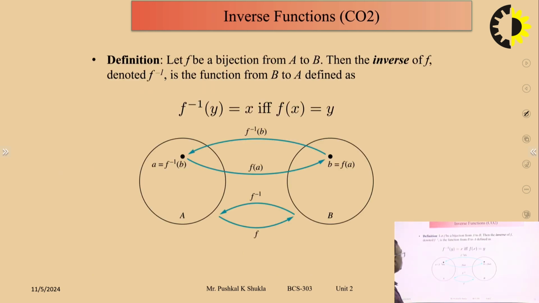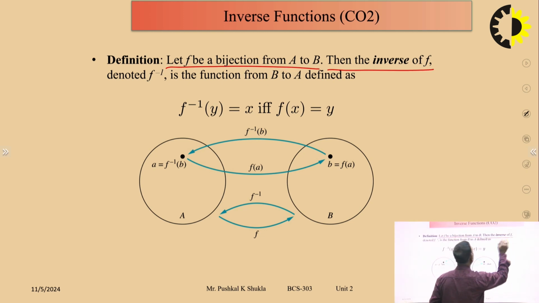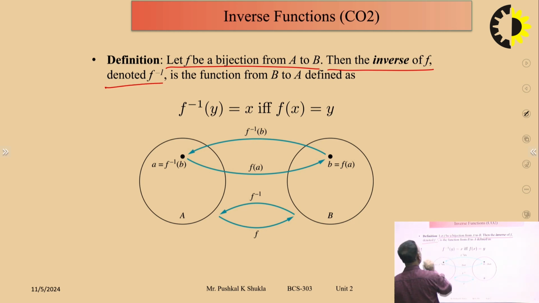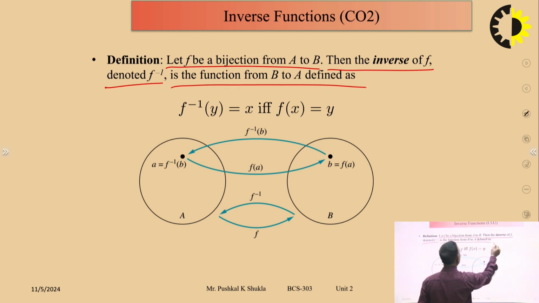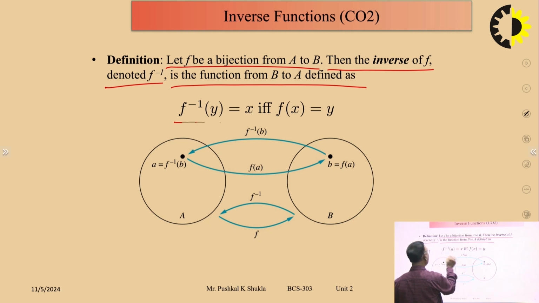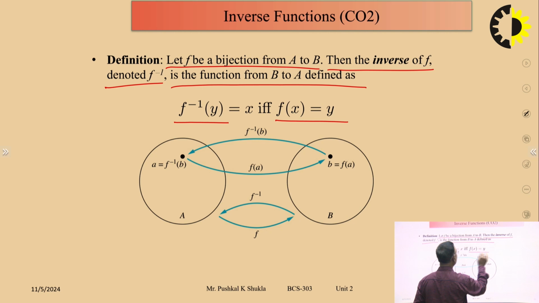Then the inverse function. Let f be a function from A to B. Then the inverse of f, denoted f inverse, is the function from B to A, defined as f inverse(y) = x if and only if f(x) = y.